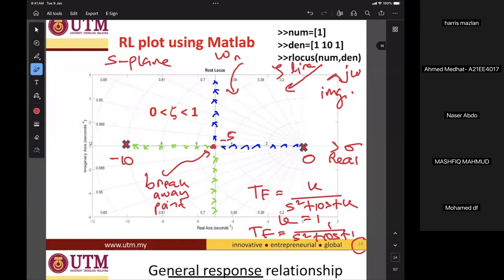So remember, root locus starts from poles and ends at zeros or infinity.